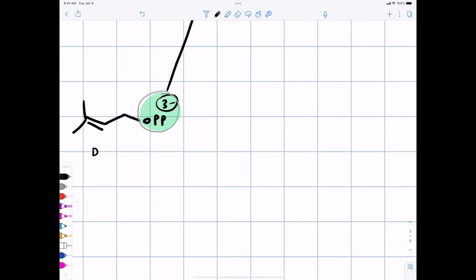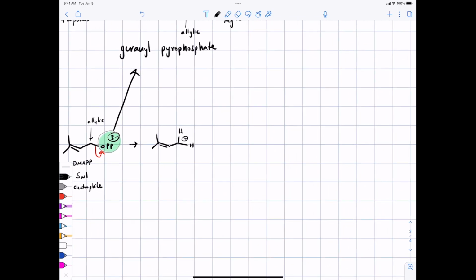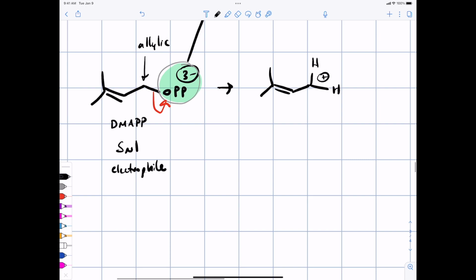It's called dimethyl allyl pyrophosphate. Notice that you have a good leaving group at the allylic carbon. So this is spring-loaded for SN1 chemistry and to be the electrophile, because if the leaving group leaves, you end up with this resonance-stabilized carbocation. I meant SN1, even though I said SN2, sorry.